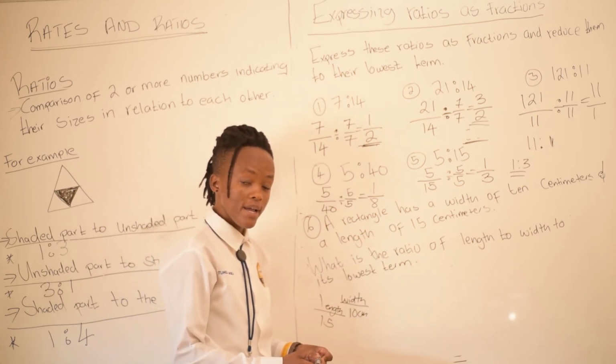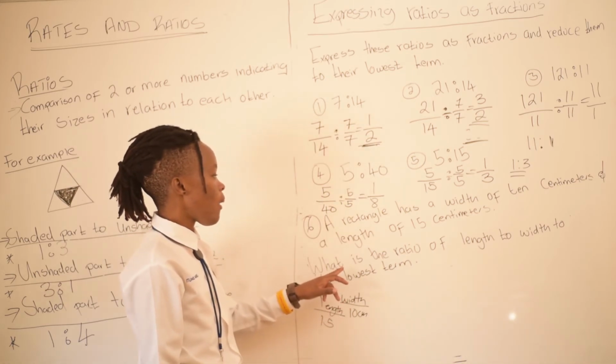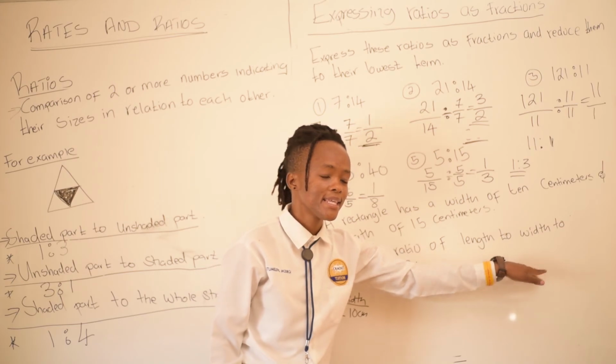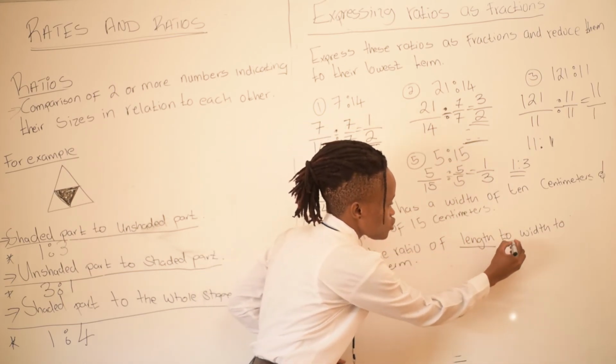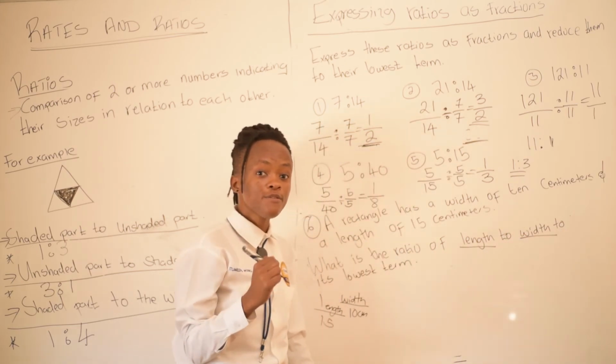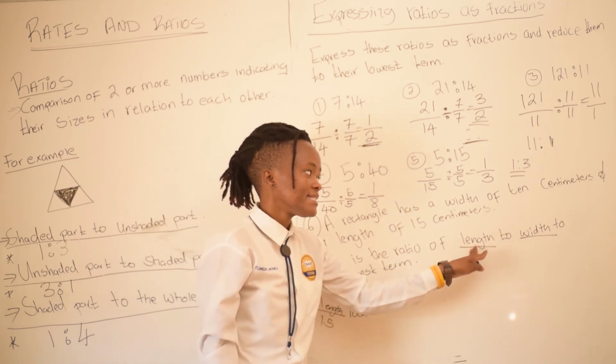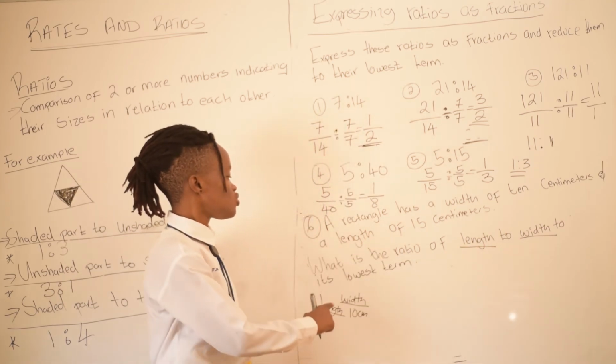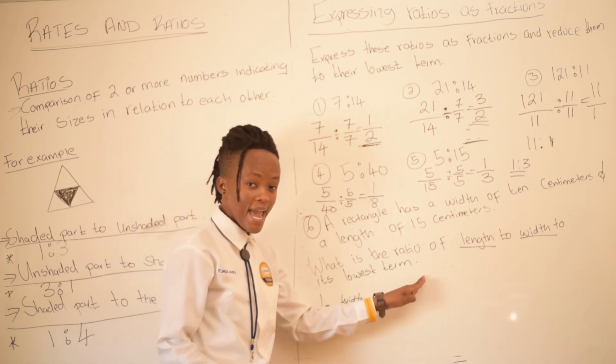So let's go on to the question. The question says, what is the ratio of the length to width? It says length to width. So what comes first? What comes first is the length. The ratio of the length to width to its lowest term.